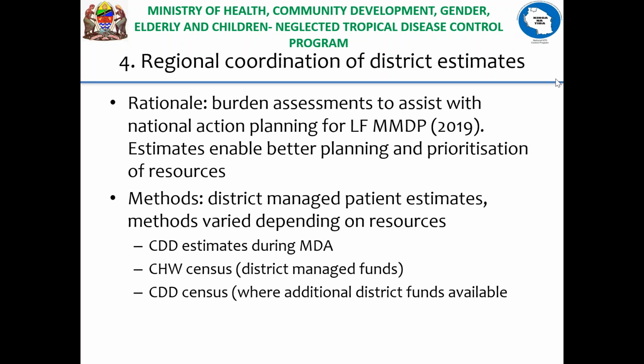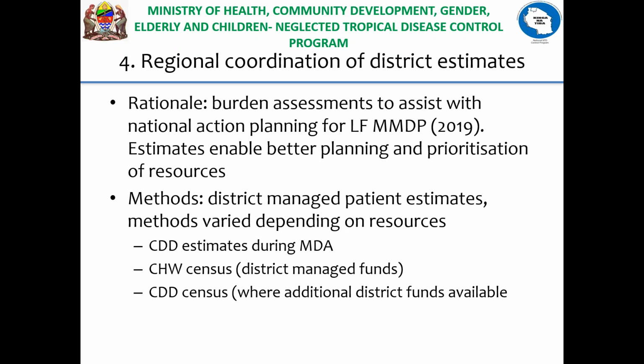So the rationale is also to estimate the burden of lymphedema and hydrocele, and we've used this recently as well, so we can get estimates to enable us to plan better and prioritize our resources for hydrocelectomies and also lymphedema management.